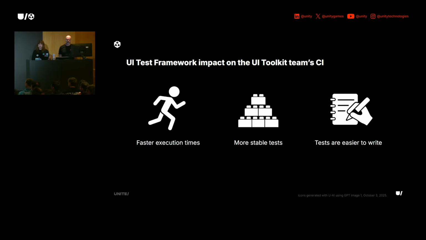And in doing so, they saw faster test execution times and more stable tests. We'll cover why UI automated tests might suffer from instability a little bit later in the presentation. For users like you, and even for UI Toolkit developers, writing automated UI tests was often a difficult task. Now, using UI test framework, you'll be able to more easily write UI automated tests for UI Toolkit UI.